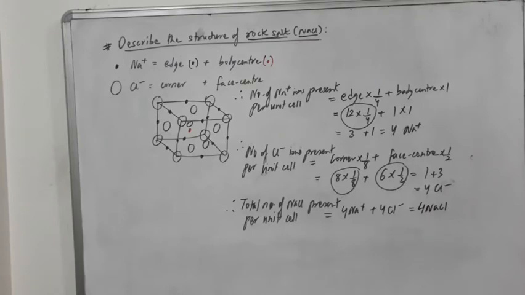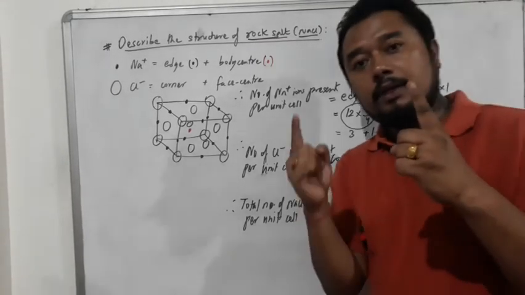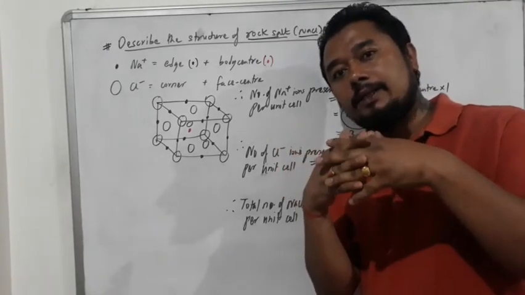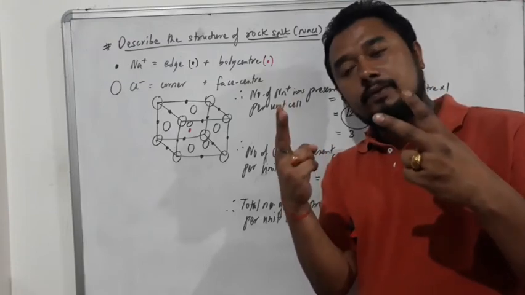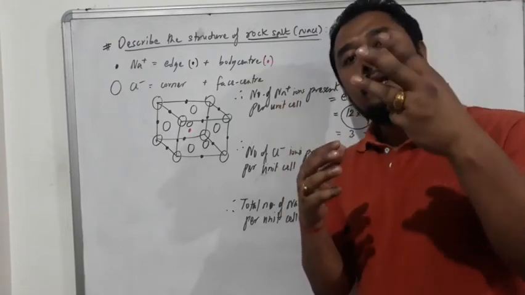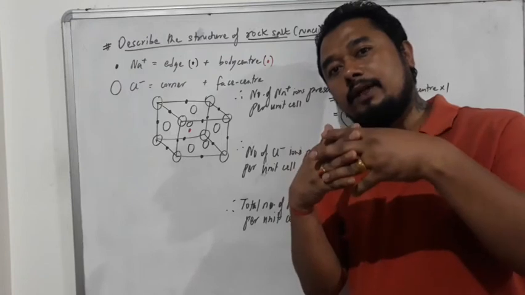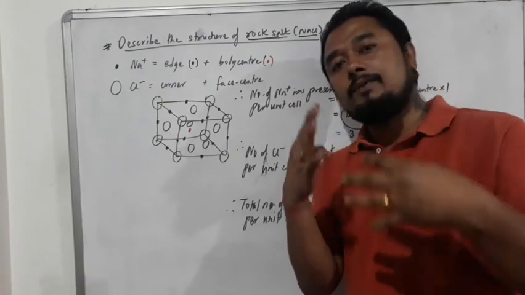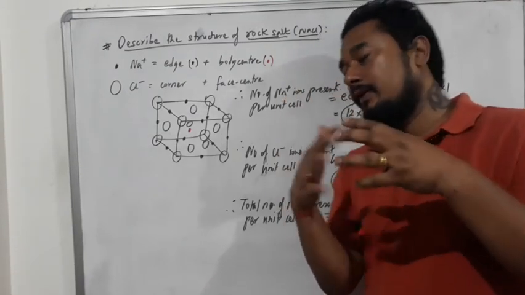So do remember from here, students, that the number of NaCl present per unit cell is again 4, because there are 4 sodium ions and 4 chloride ions.